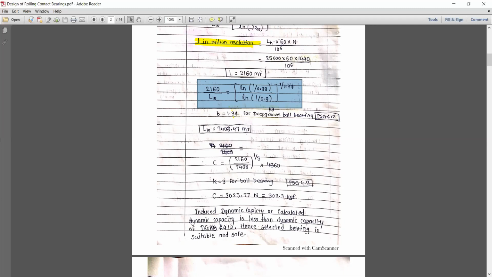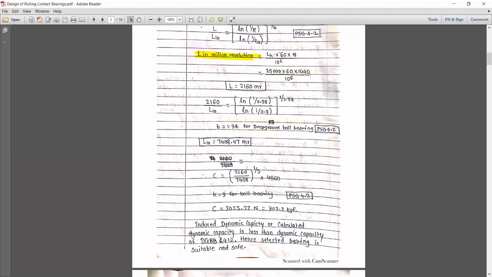Okay, so from comparison you can look over here also. For 98%, what is the rating life of that bearing? That is 2160 million revolution, and for 90% it is 7408.47 million revolution.